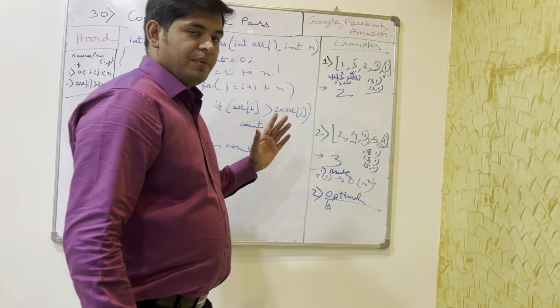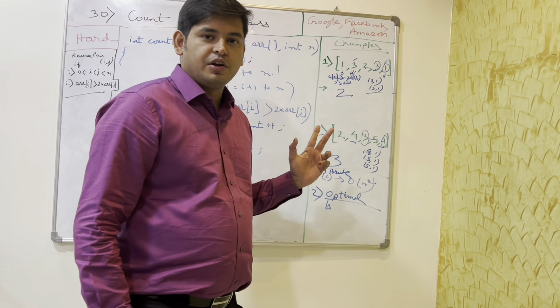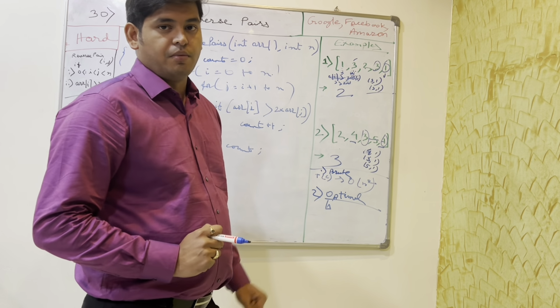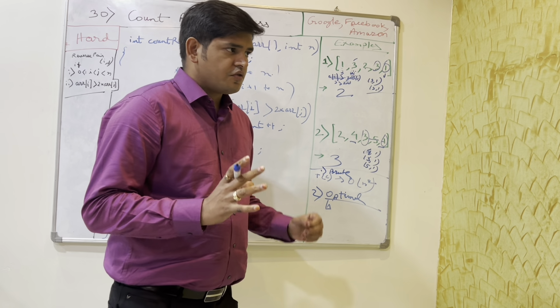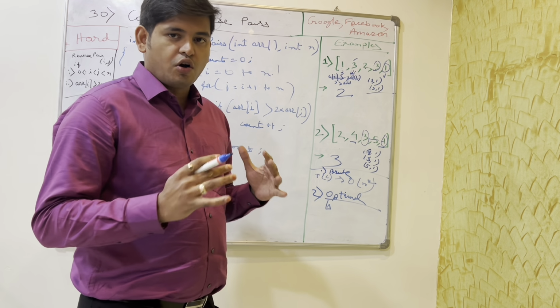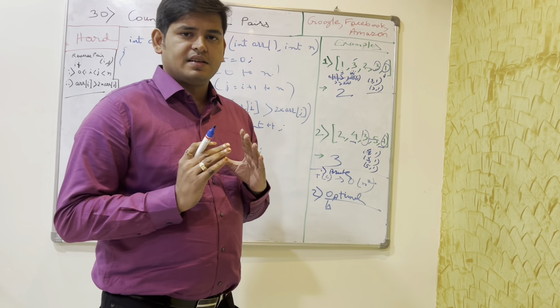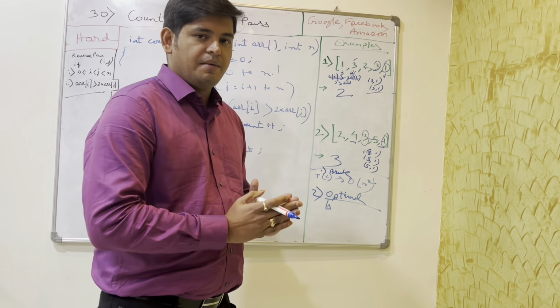So let me give some intuition about the optimal approach. Here we will actually use a merge sort algorithm to solve this problem. What is the merge sort algorithm? Merge sort is a sorting algorithm which sorts the array in order of n log n. It divides the array into two halves. It repeatedly divides it.